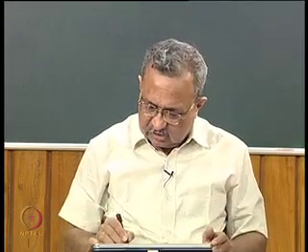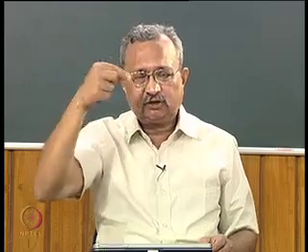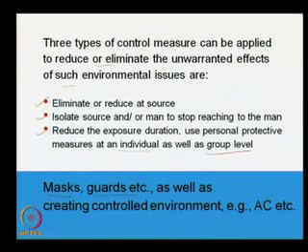These are the group-level protective measures I am taking, so that radiant heat will not directly reach them. For that, masks, guards etc., as well as creating a controlled environment, can be used. In that case, air conditioning and so on may be cited as an example.